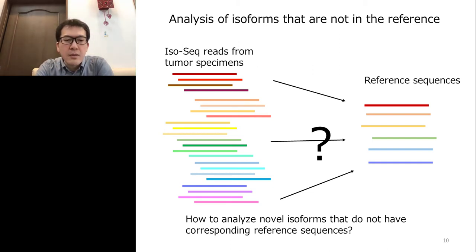In this case, however, there are no corresponding reference sequences to be compared with or mapped against. And of note, the novel isoforms that do not have corresponding isoforms are the most interesting targets of analysis.